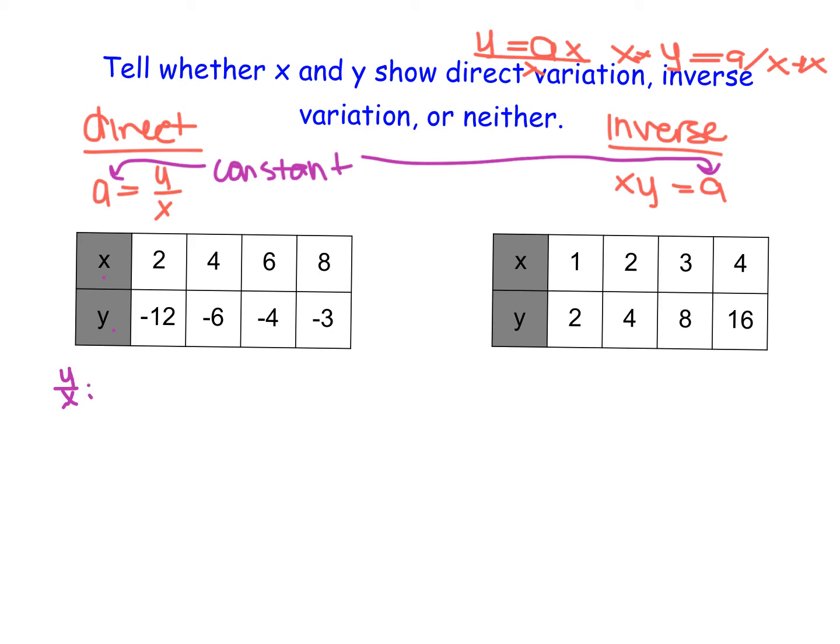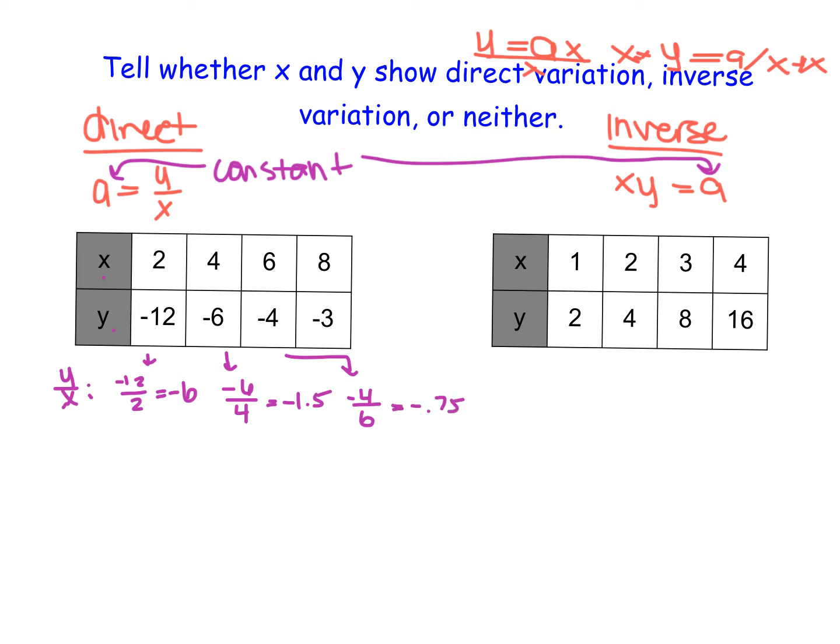If I take this first point, I have negative 12 divided by 2, which is negative 6. And then this next one, I would take y, which is negative 6, divided by 4, which is negative 1.5. Then negative 4 divided by 6, that's negative 0.75.